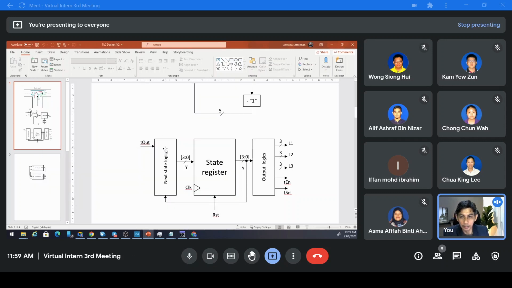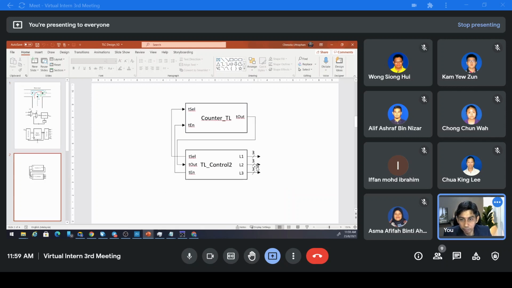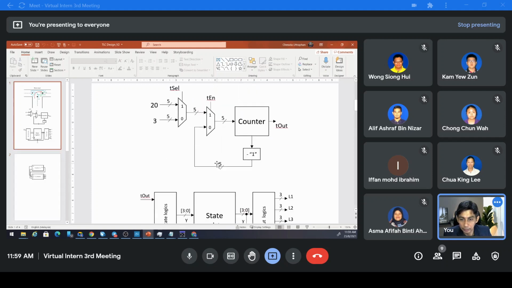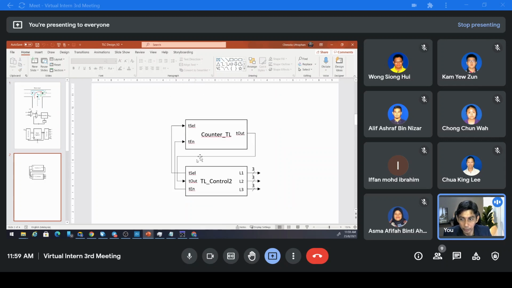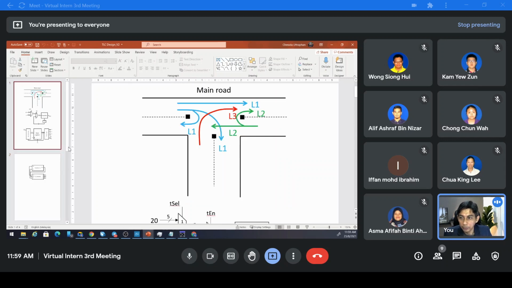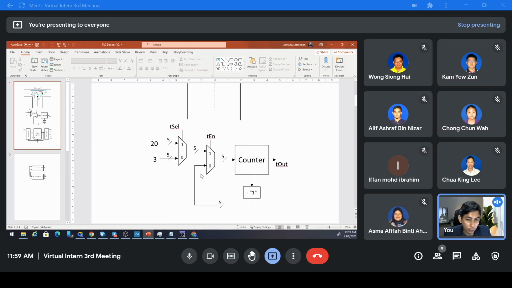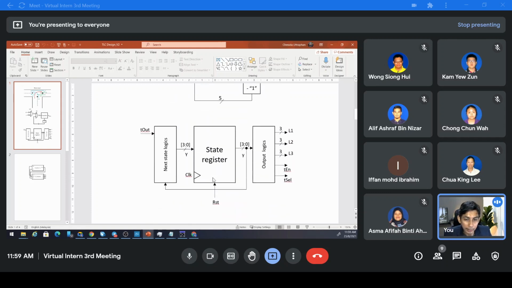The connection between the two is something like this, but we will change to the module view. Now, the main issue, the challenging part, is how to create the state diagram to represent the behavior of our traffic light.